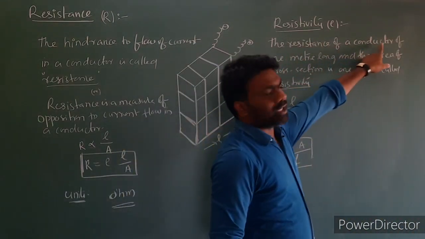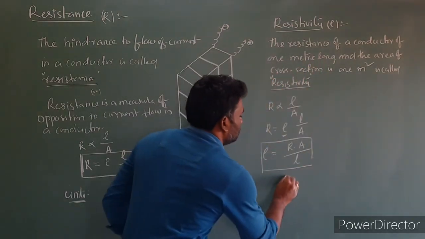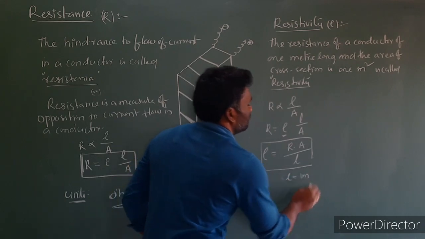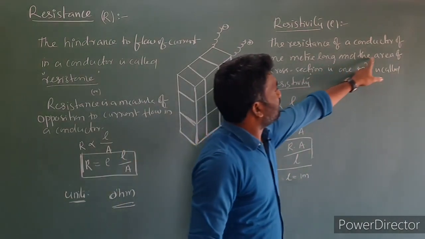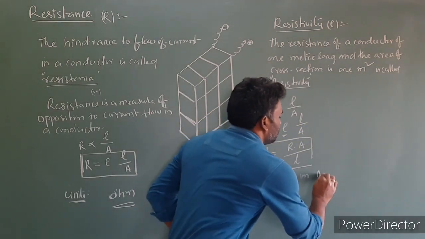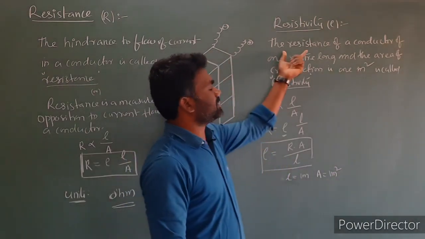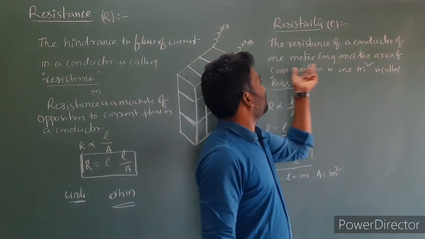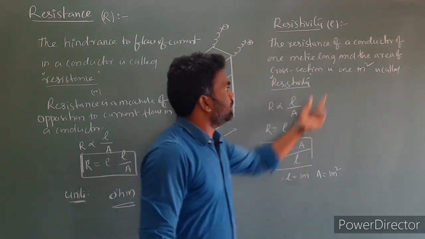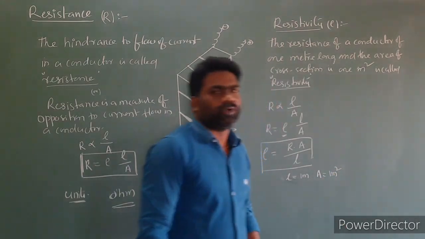The resistance of a conductor of 1 meter long means L is equal to 1 meter, and the area of cross section is 1 meter square means A is equal to 1 meter square.